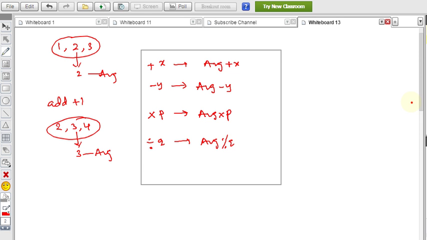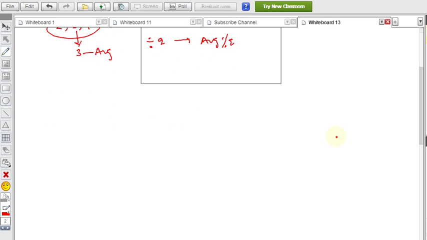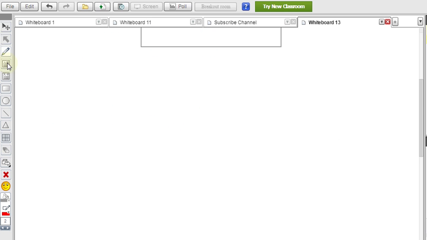So let us see the problems, numericals, word problems. Let us see now. Five years before, the average of the family members was 20.